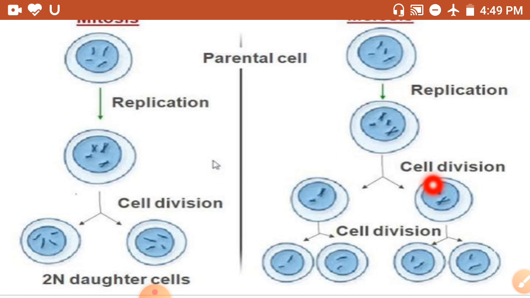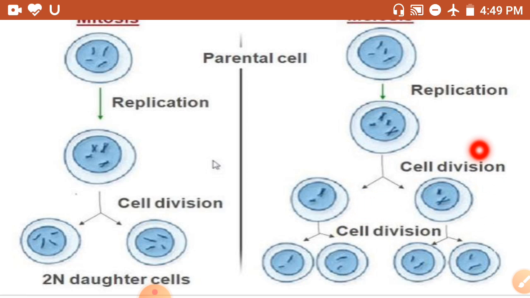They make 2 daughter cells, and when these cells divide again into 2 parts, this time their chromosomes are half. You can see here the mother cell has 4 chromosomes, but this time they have half the chromosomes, not the full number, 50% of the chromosomes.